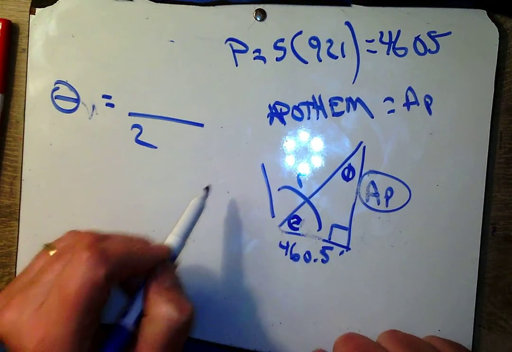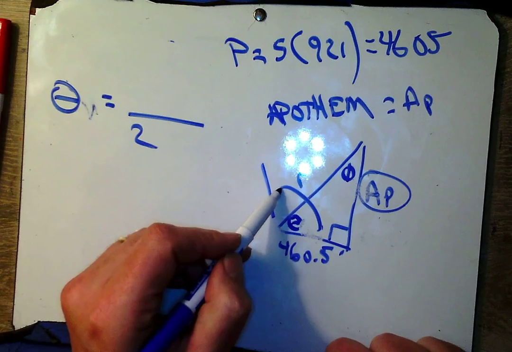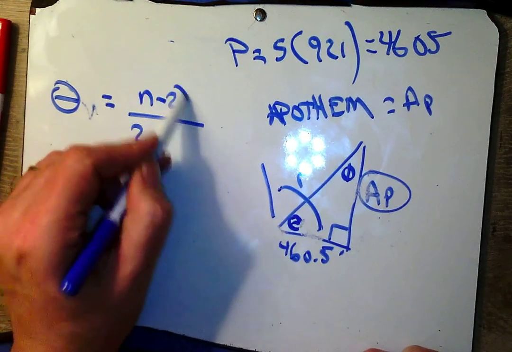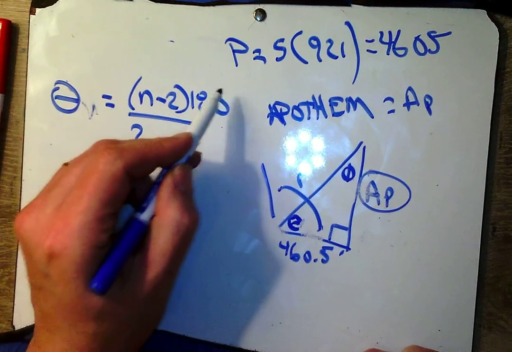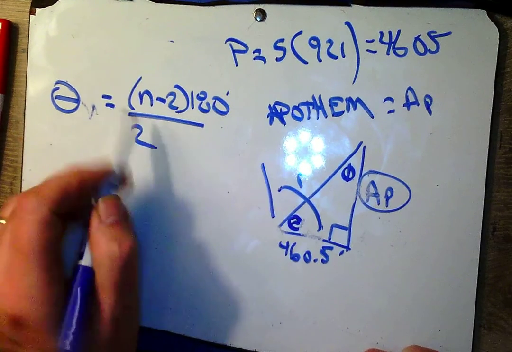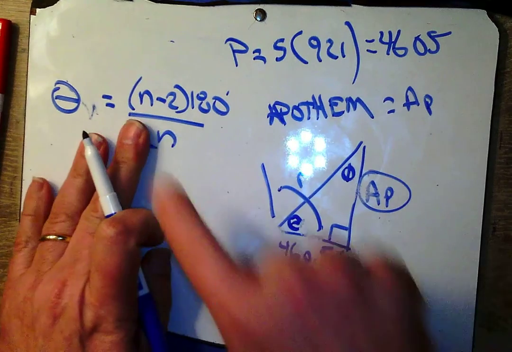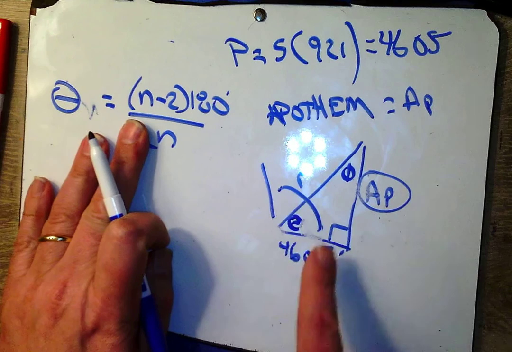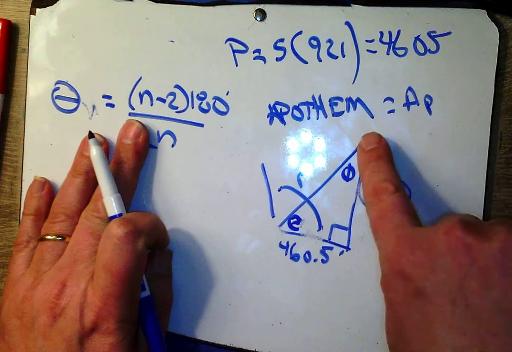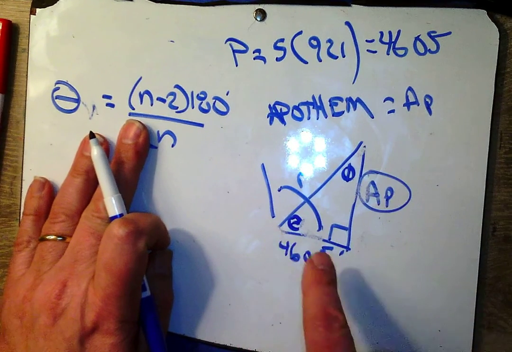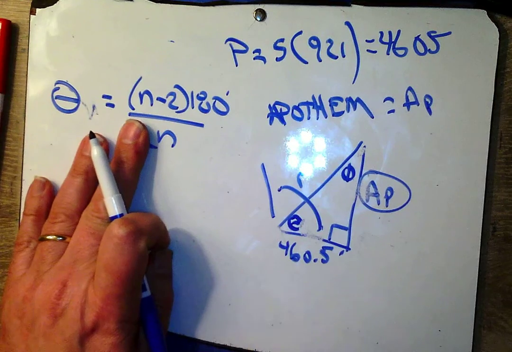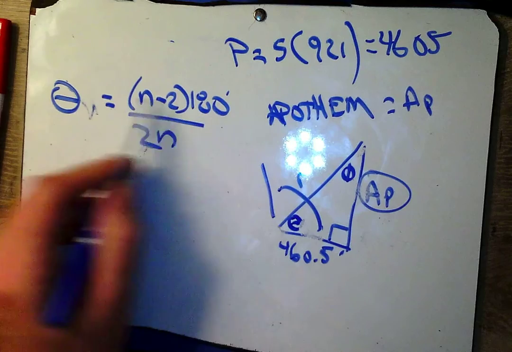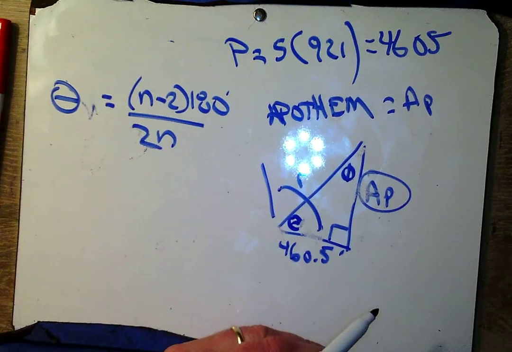Now, what's this whole angle? Well, I remember the formula being n minus 2 times 180 divided by n. This formula gives me that big angle, and because this radius cuts that angle into 2 equal pieces, I have a 2 here. Okay, so that's my formula for theta.